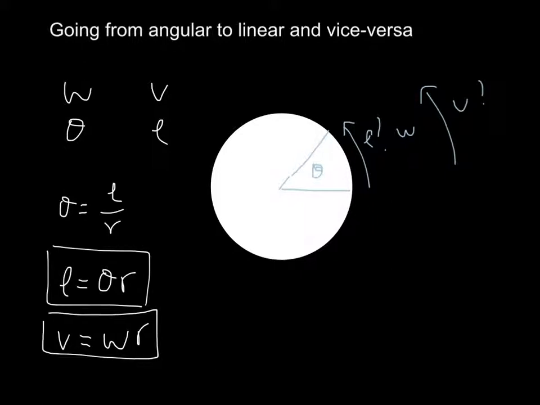So that's how I go from angular to linear. I multiply by R. What if I have the speed or the arc of the circumference and I want the angular speed and the angle? Well, I just divide by R. So I can just multiply by R and divide by R in order to go from angular to linear and vice versa. Couldn't be easier.